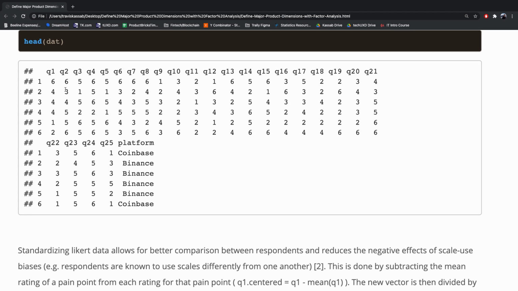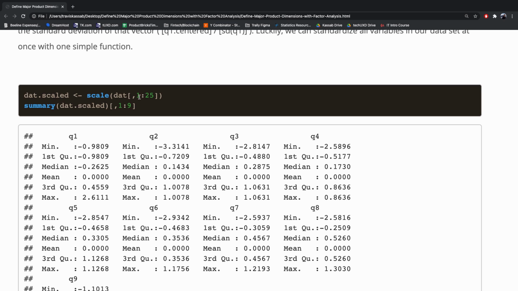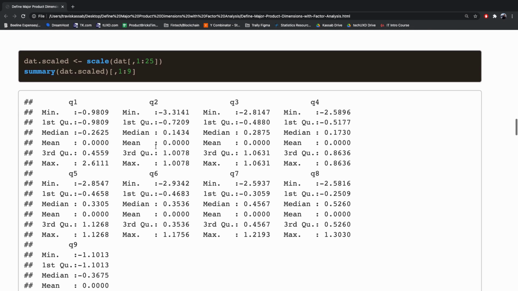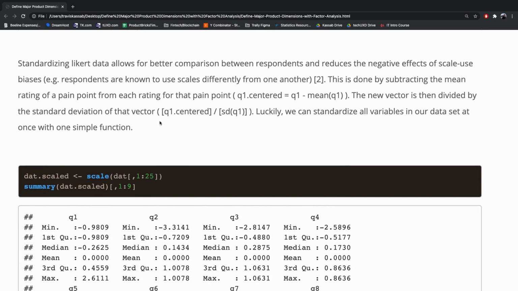So those two processes, step 1, step 2, is standardization. You can do that manually, but I just do it with a function called scale in R. And we're only applying that to the first 25 columns because those are numeric. It doesn't obviously make sense to do that with the categorical platform variable.